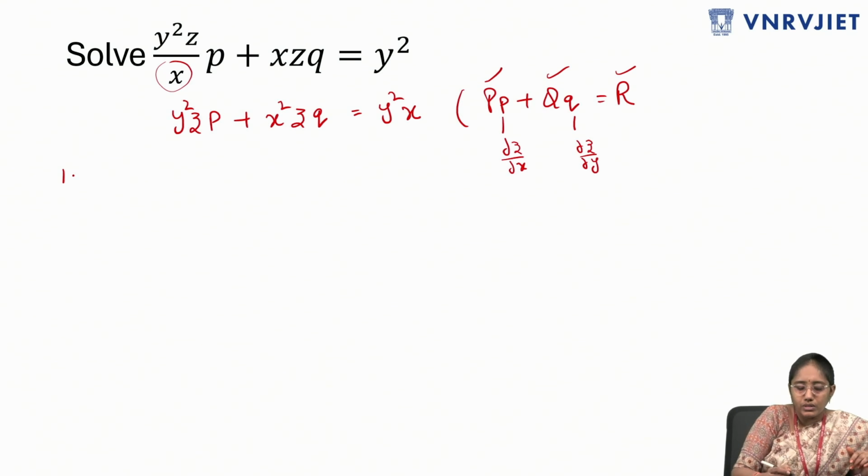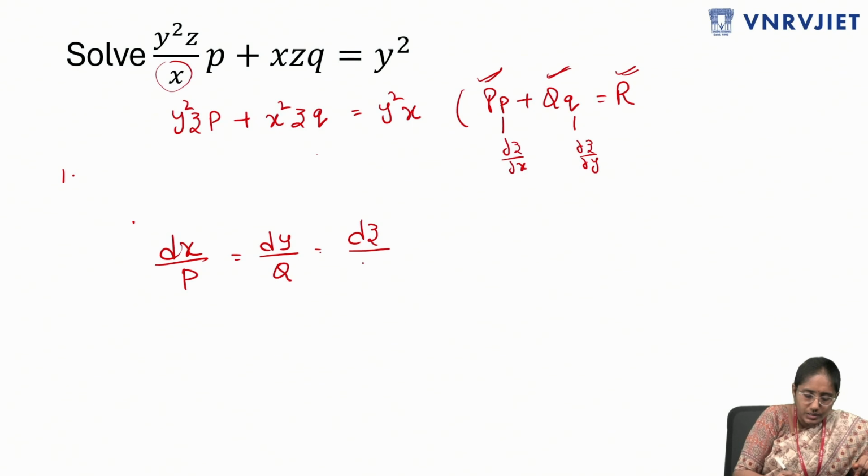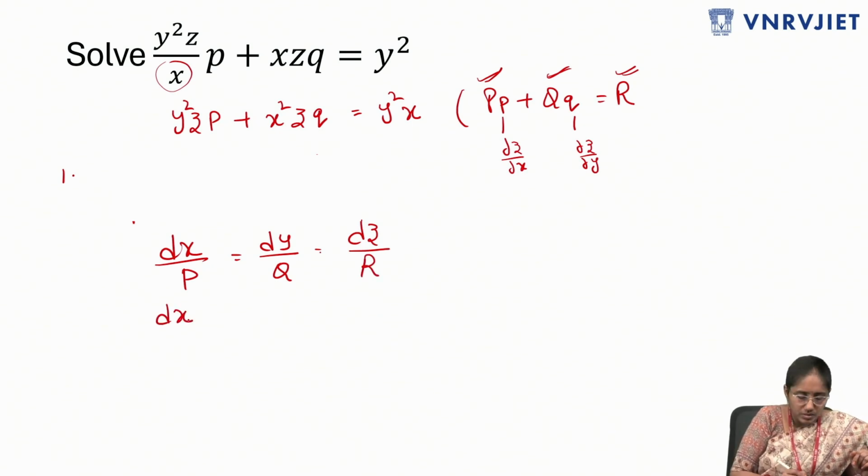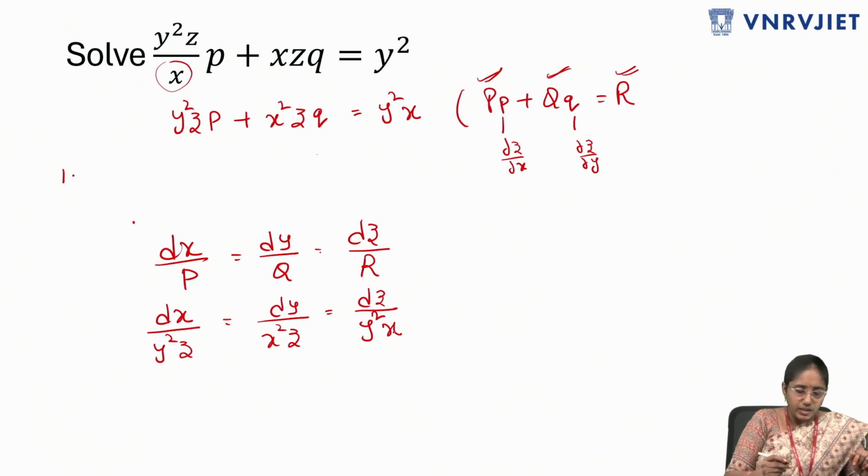Just compare and write the values of P, Q and R: dx by P is equal to dy by Q is equal to dz by R. Now just replace the P, Q, R values here: dx by y squared z is equal to dy by x squared z is equal to dz by y squared x. Okay, these are the subsidiary equations.